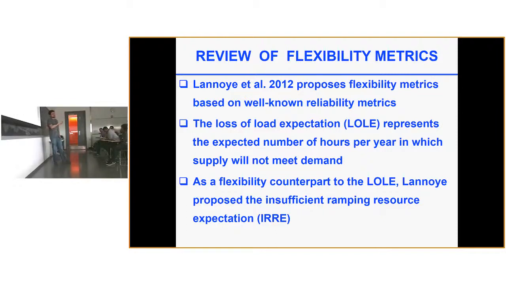You see when your load is this high and the periods that your load is actually not that high, and you find how frequent loss of load events are, how frequently the generation will not be able to meet the demand. So this is when you take the expectation of the occurrence of these events, this is the loss of load expectation. And so they proposed something analogous, but to flexibility. So they said, how frequently is the system not going to be able to meet its ramps? And so that was the IRRE, the insufficient ramping resource expectation.